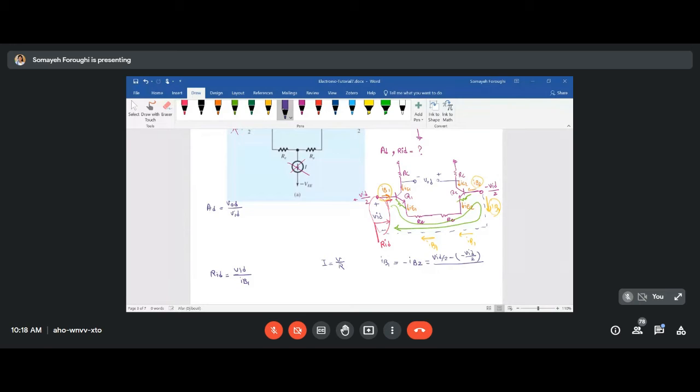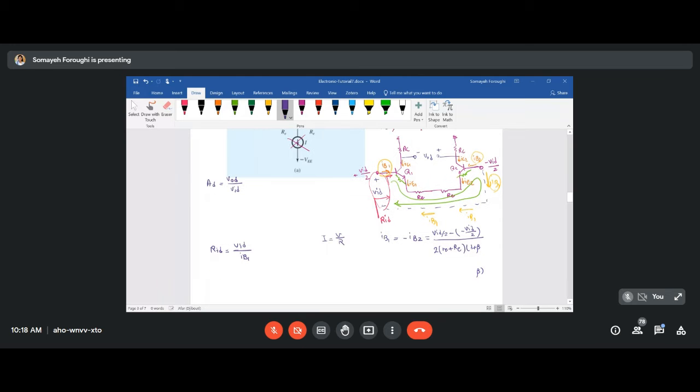Then I know that there are two little RE and two capital RE, so I'm going to take out that 2 as a factor. I have this in this green loop, and I'm going to bring it up to the base because I'm looking at it from the base. Then it will be times 1 plus beta.